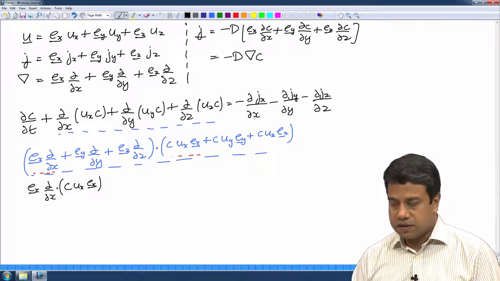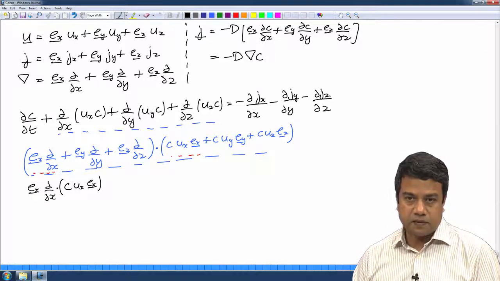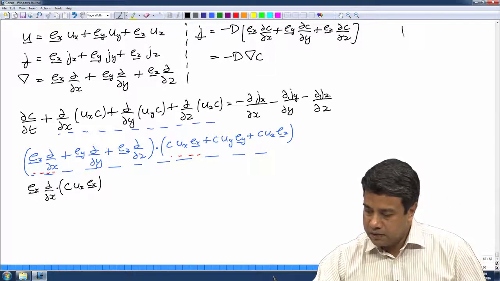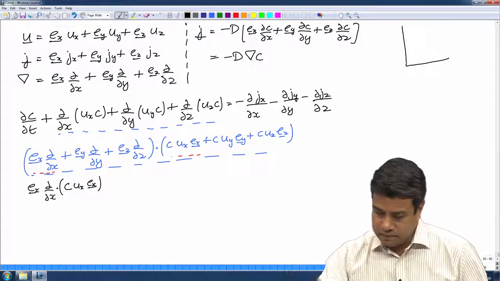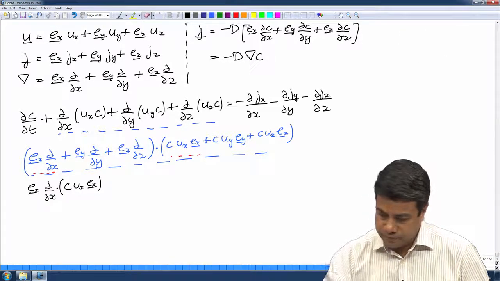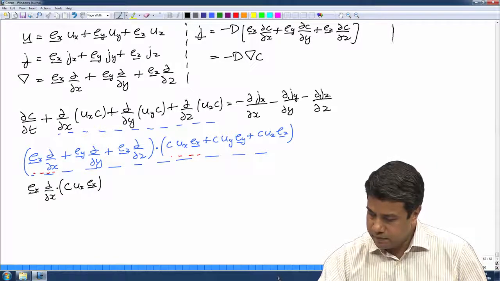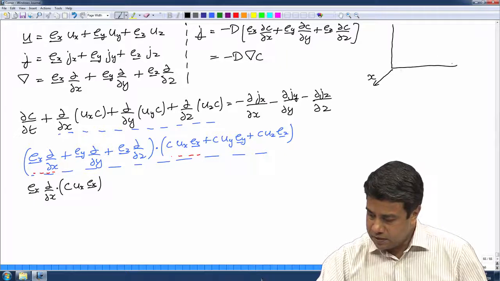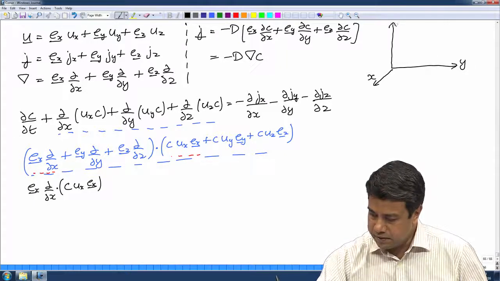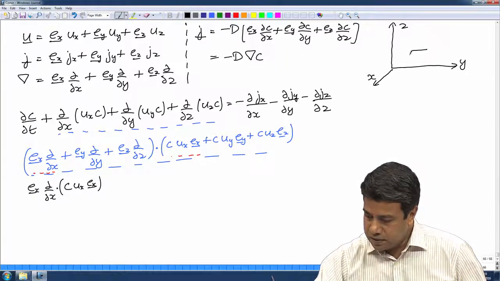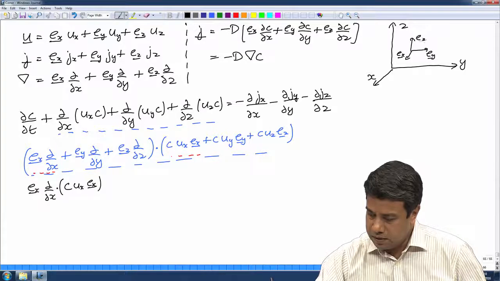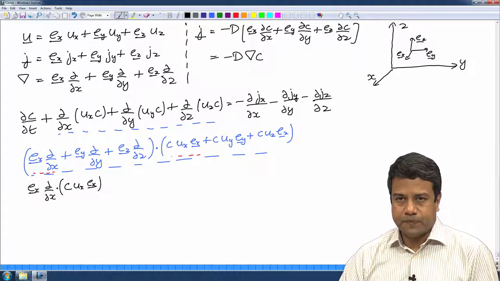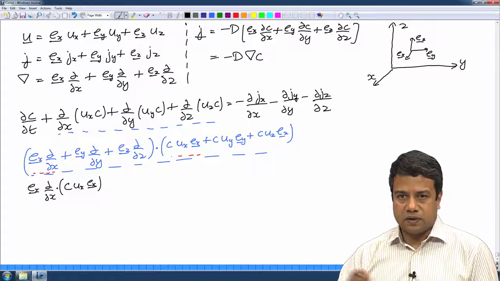In this particular case, the unit vector Ex is independent of position. If you recall, in a Cartesian coordinate system, x, y and z, the unit vectors do not change with position. Ex, Ey, Ez are the same regardless of what the position is.